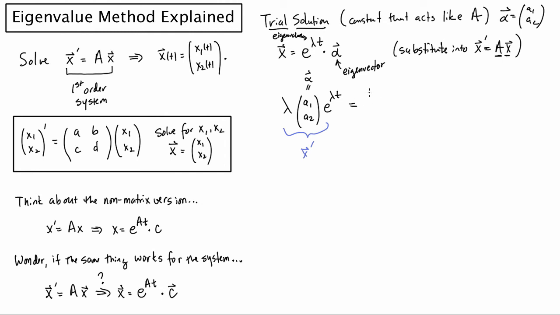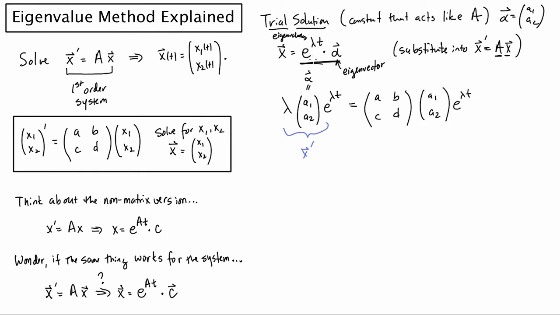So A, I'm going to make the 2 by 2 matrix, and then x is a1, a2. That's my alpha in this case. Oh, sorry, excuse me. Where's x? X is right here. So x is alpha, which is a1, a2, e to the lambda t.